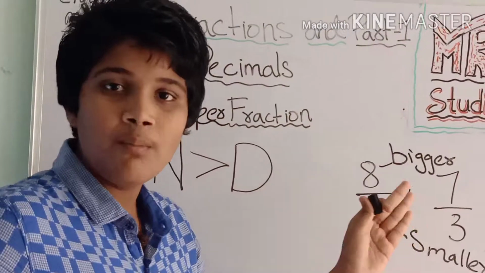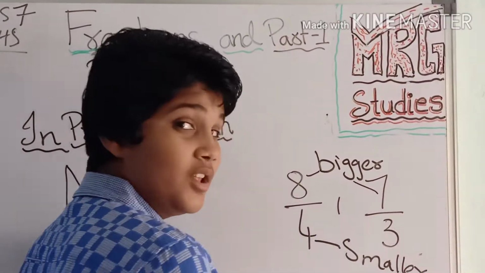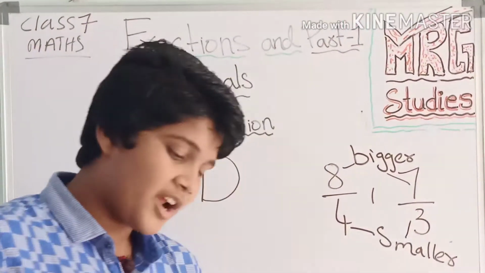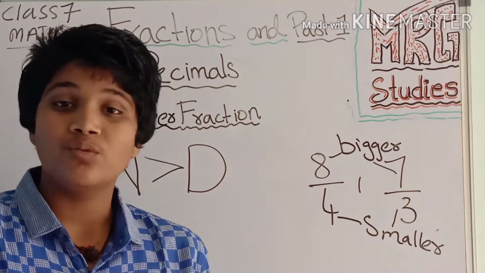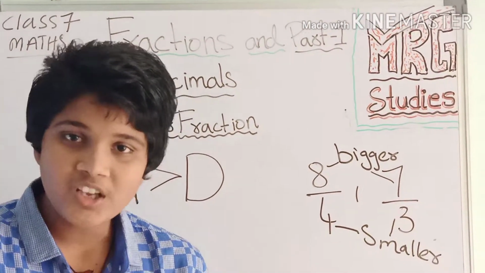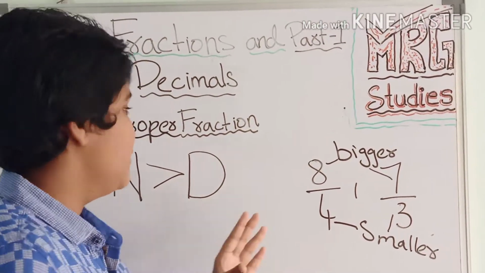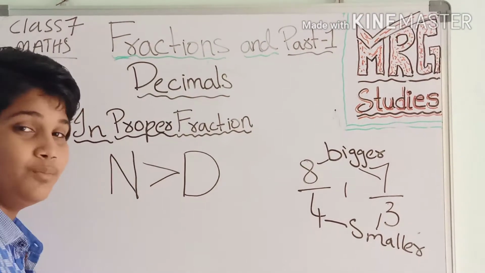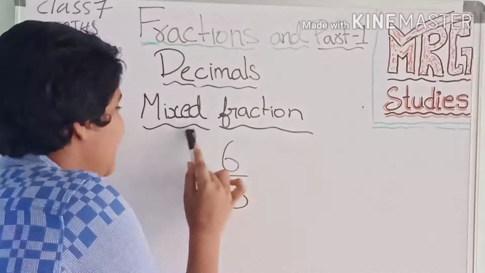And 7 is bigger and 3 is smaller. When you are writing an improper fraction, the numerator should be bigger and the denominator should be smaller. Once again, the numerator should be bigger and the denominator should be smaller.